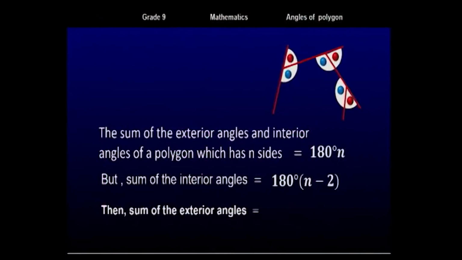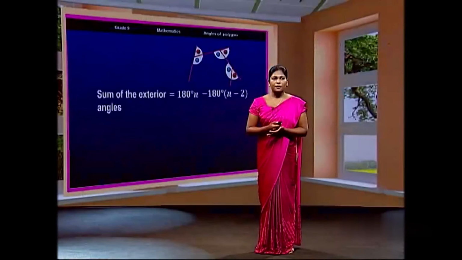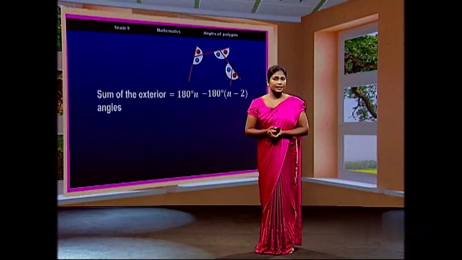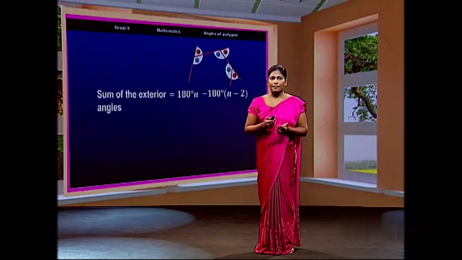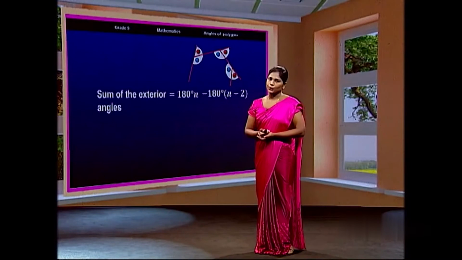Then the sum of the exterior angles equals 180 into n minus 180 into (n minus 2). Then we can simplify these expressions. Sum of the exterior angles equals 180 degrees into n minus 180 degrees into (n minus 2).